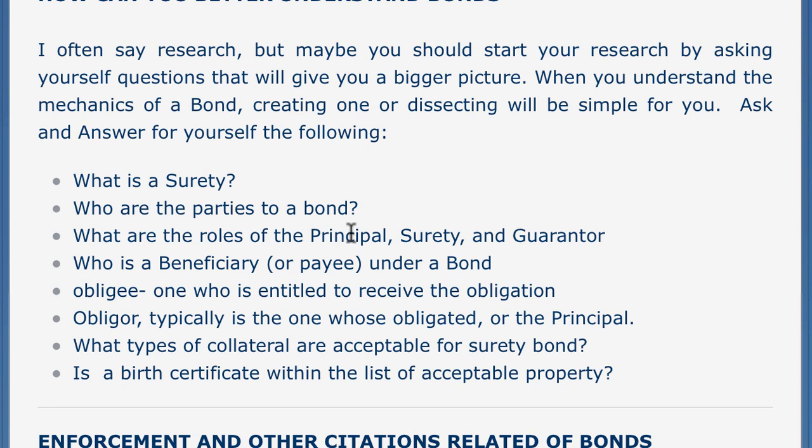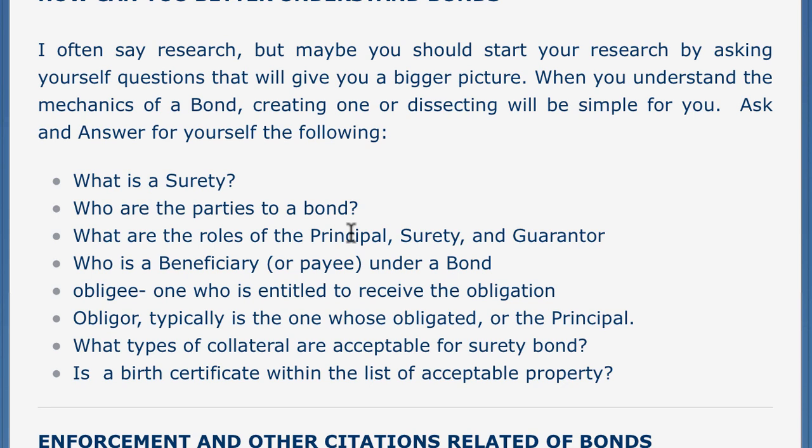Now, when we speak about a beneficiary or a payee under the bond, this is kind of like the person, like you're tendering a bond in a certain situation. It's kind of who you're negotiating the bond to, right? So that they can discharge it. For example, the beneficiary under a bond to discharge your mortgage would be your lender, and that would be also the payee, the one who's entitled to receive a payment under the bond.